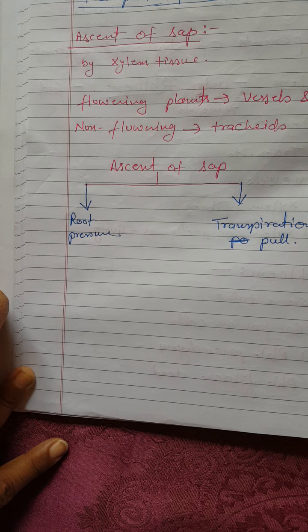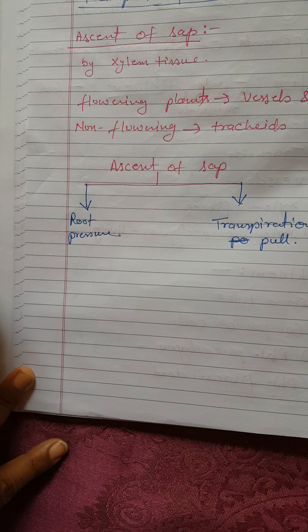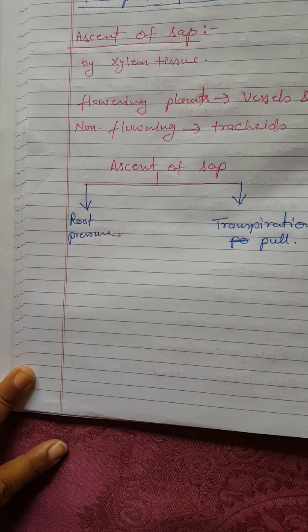This means there is continuous steady movement of water into the root system, xylem tissue. The xylem tissue present in the root absorbs the minerals from the soil, and because of this difference in concentration, there is continuous movement of water and minerals from the soil to the roots.